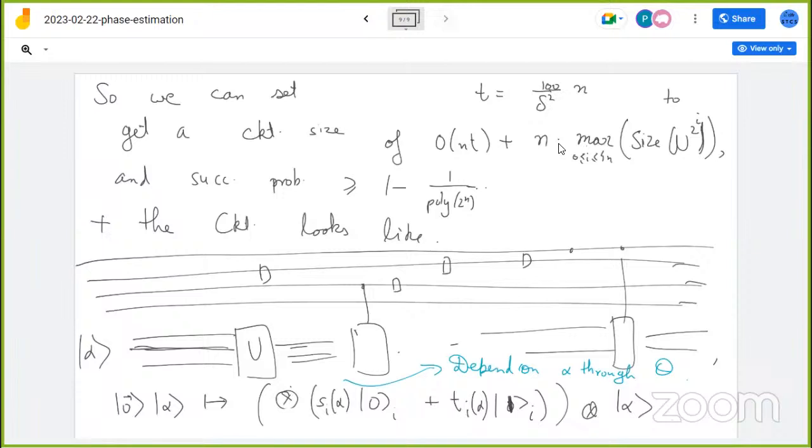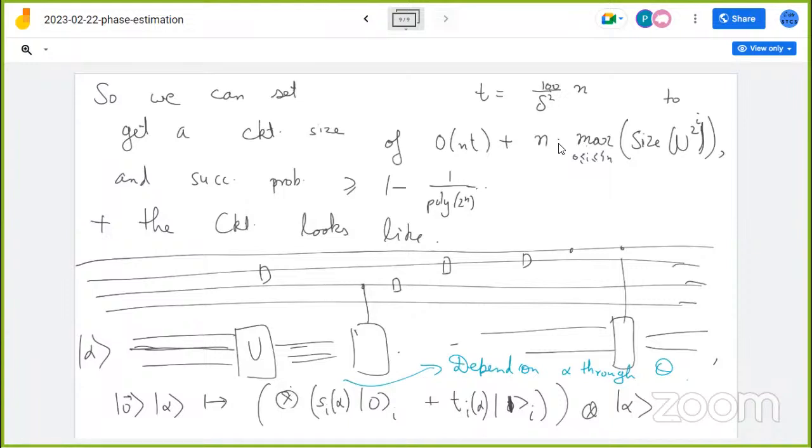By linearity, the same superposition happens here also, except that corresponding to the eigenvector u_i here, these numbers depend upon that particular u_i.